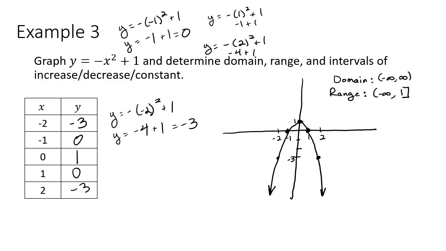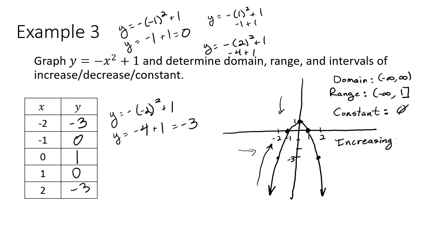This time around, again, still no constant. But this time to the left of the vertex, don't get confused by the arrow. You're always reading left to right. So from left to right, the y values are getting bigger.